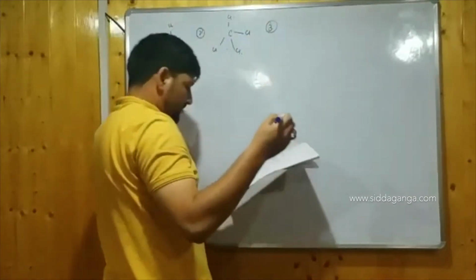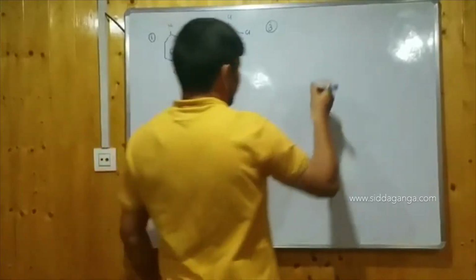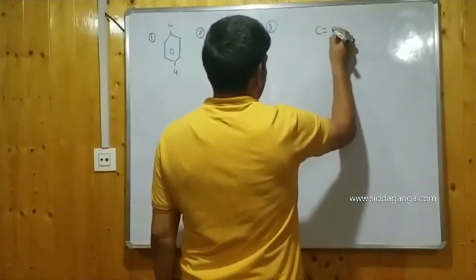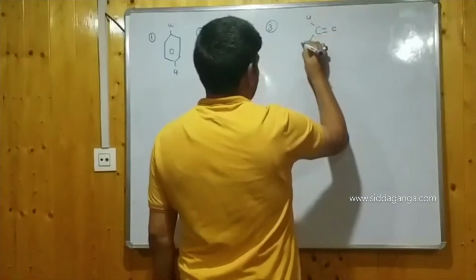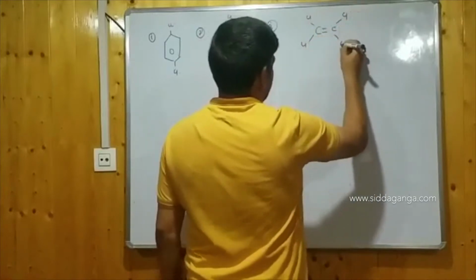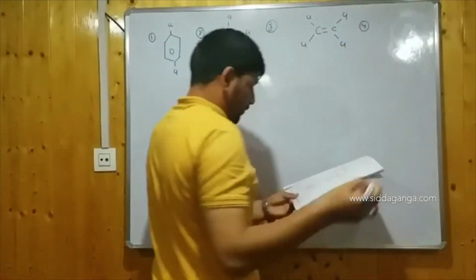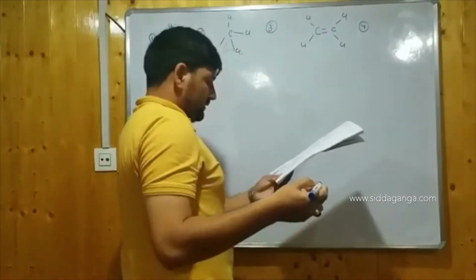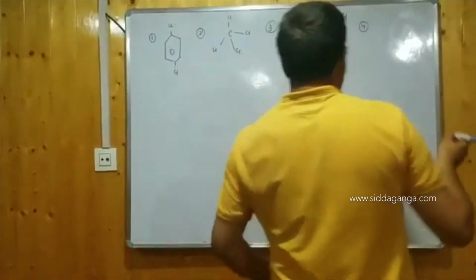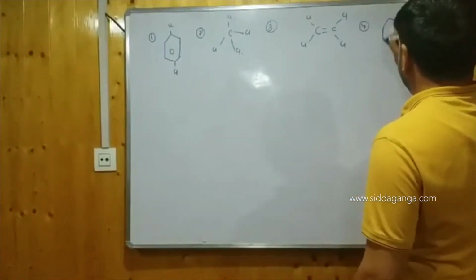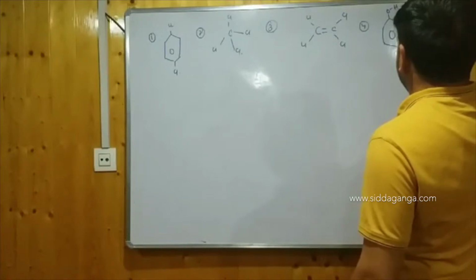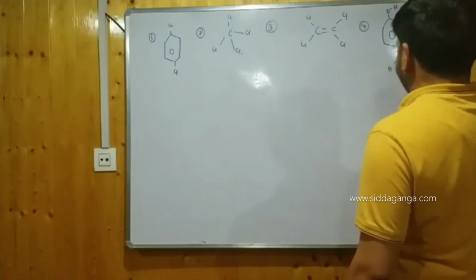Option 3 is tetrachloroethene, so C double bond C, Cl, Cl, Cl, Cl. And option 4 is para-hydroxybenzene. You can say it in trivial names. You have OH and you have OH here.